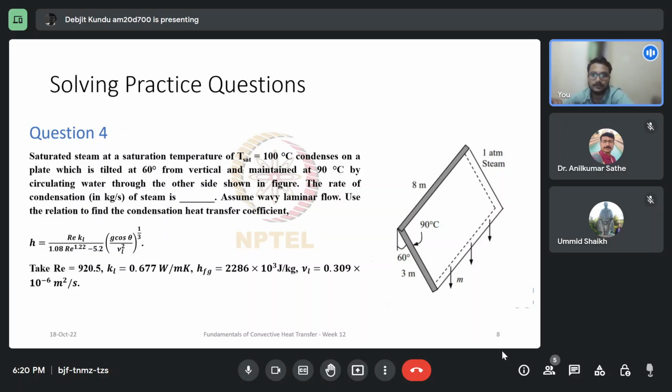Now, the rate of condensation of steam is what? We'll have to assume wavy laminar flow and use the relation given here.